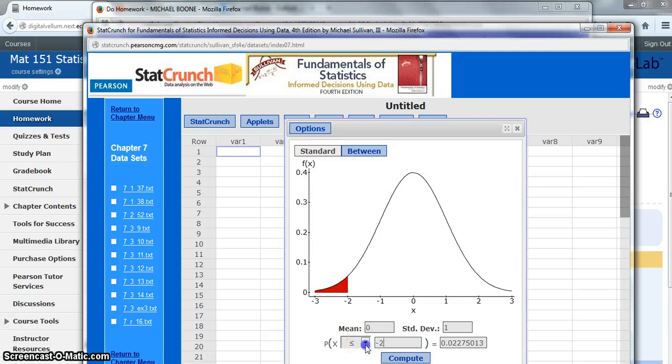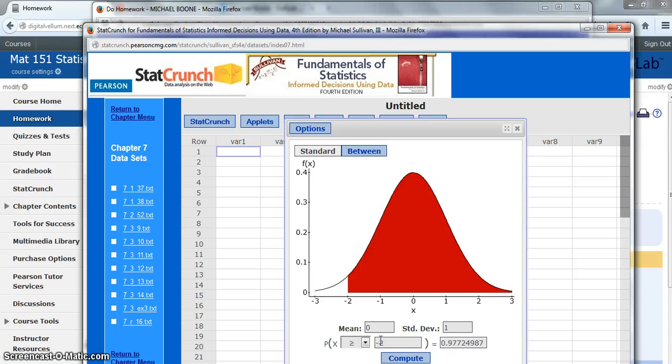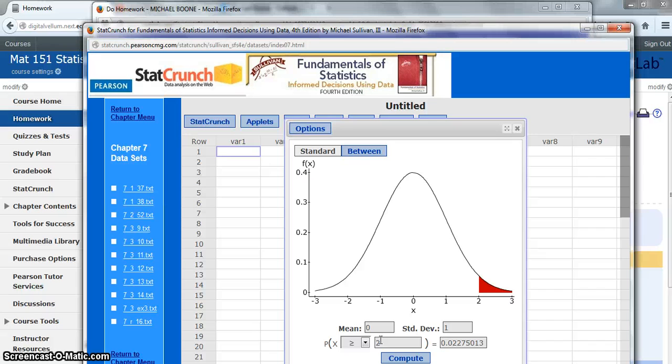I also could do right of positive 2 and I would get that exact same value. The normal curve is symmetric, so the area to the left of a z-score and the area to the right of its opposite z-score are equivalent. So the total would be to add them up.